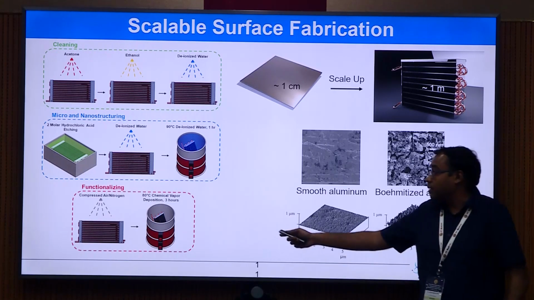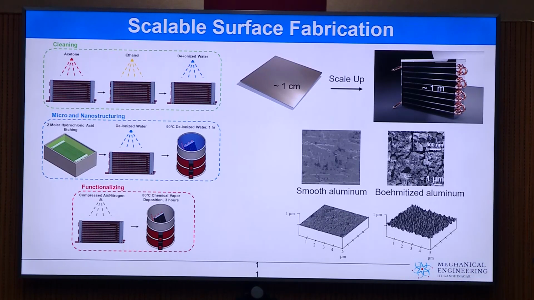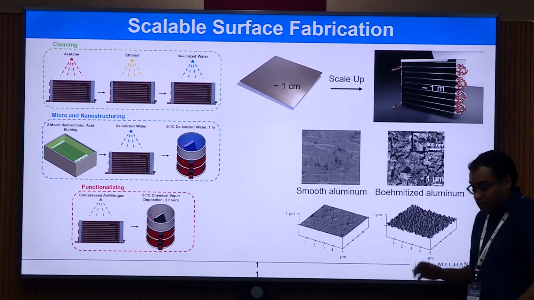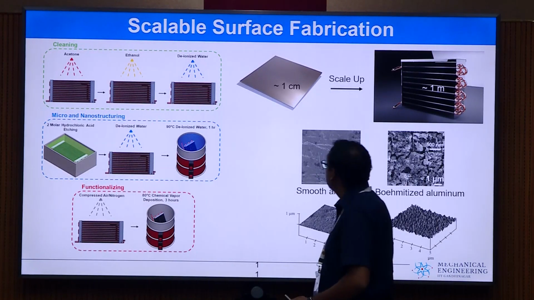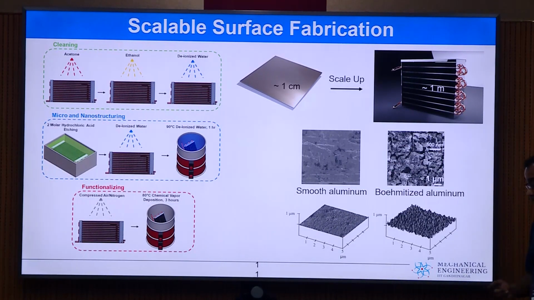Then in a similar drum, we can have vapor deposition, which renders them superhydrophobic. So the advantage of this method is that we can scale up from very small lab-scale surfaces to higher length scales, on the order of 1 meter.